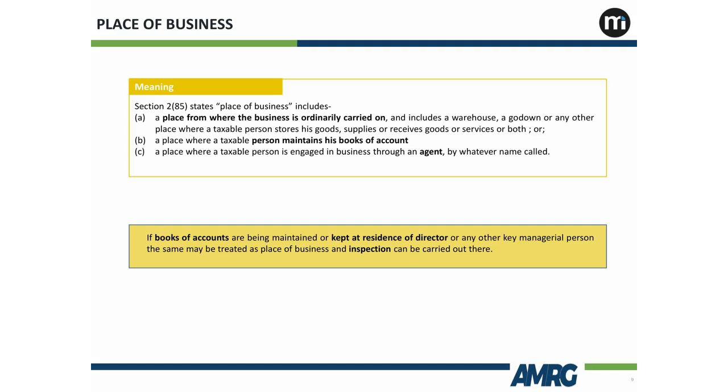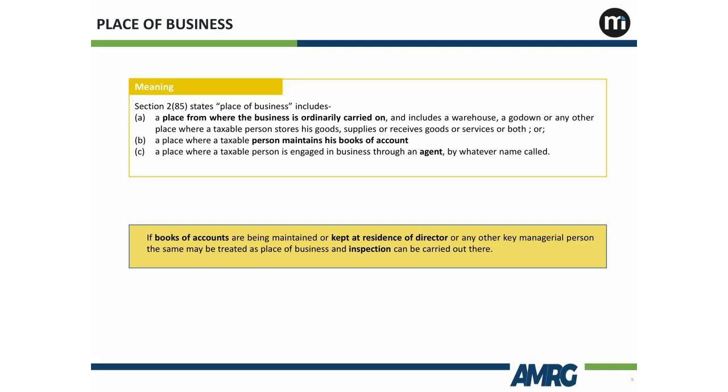Instead of that, you maintain them at some other places, maybe at the premises of a chartered accountant or a consultant or a residential accommodation of directors because of a number of reasons. In such cases, my GST law says that the place where the books of accounts have been maintained will also be taken as the place of business, and an inspection can be taken up at that place also.